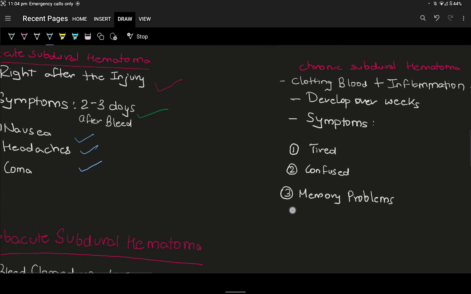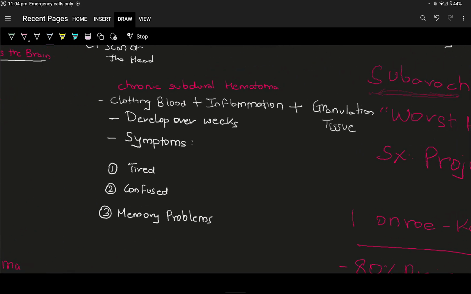Later, this subacute subdural hematoma transforms into the chronic subdural hematoma, whereby there is clotting of blood, there is inflammation, and there is presence of granulation tissue. This occurs over weeks, and the usual symptoms are that the patient can be tired, they can be confused, and there might be memory problems.